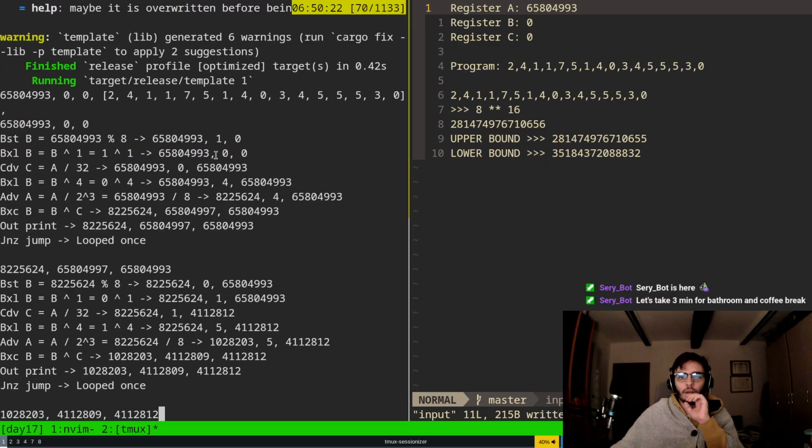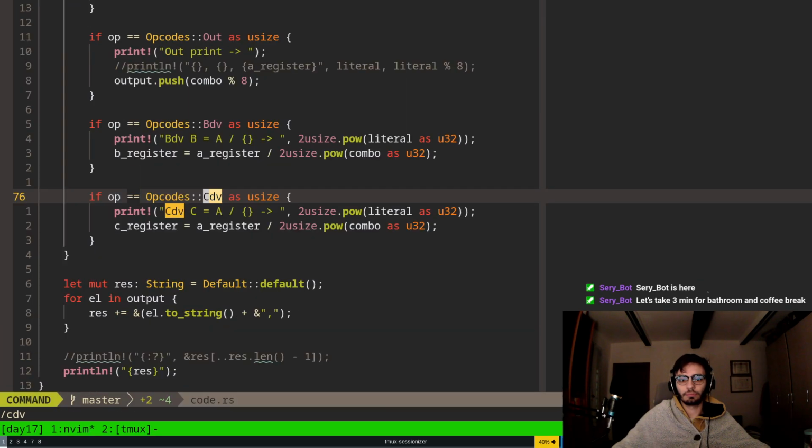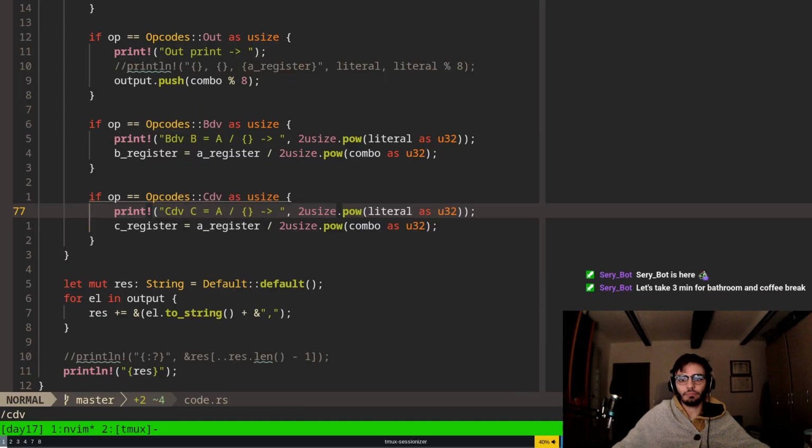In this case, 1 XOR 1, which is 0. Looks great. So CDV, so C division would be C equals A divided by 2 to the power of B. The only one that I think I don't know if I can revert is the mod, because the mod loses a lot of information. However, we know the 3 lowest bits and we know how A gets transformed. So there might be a way from that to be working.